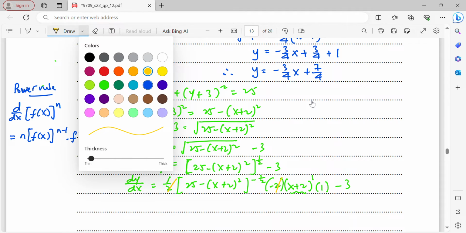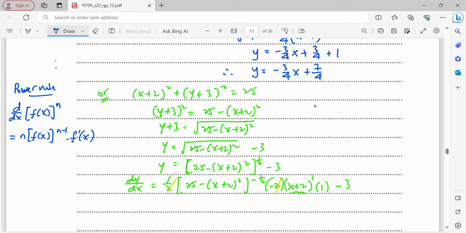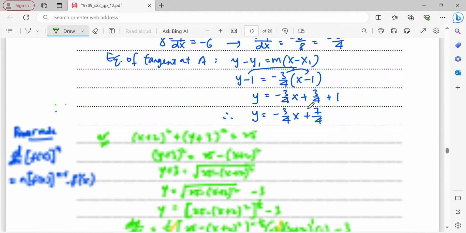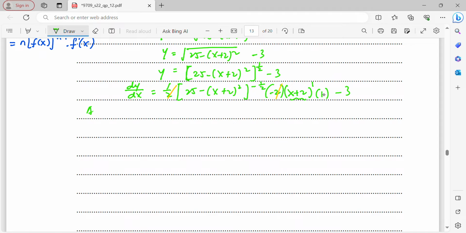Okay, and then now you substitute the points A, because we need to find the gradients at the points A. A is 1, 1. So now I will write at A 1, 1 dy dx is, this is 1 plus 2 is 3, and there is a negative there. So I will write negative 3. Then because of the negative power here, I will write over square root.